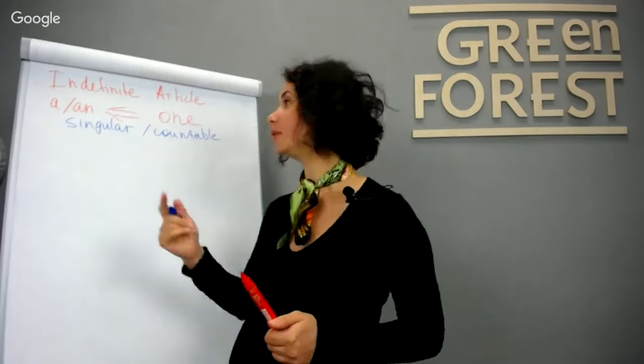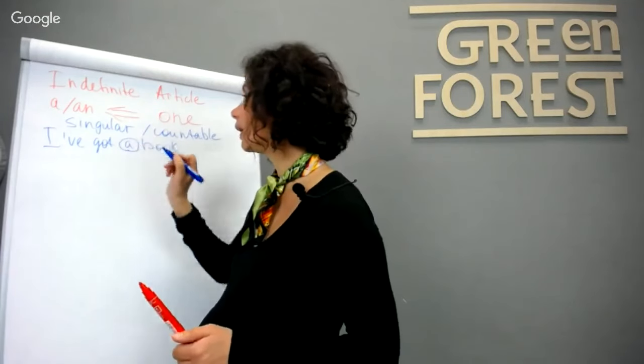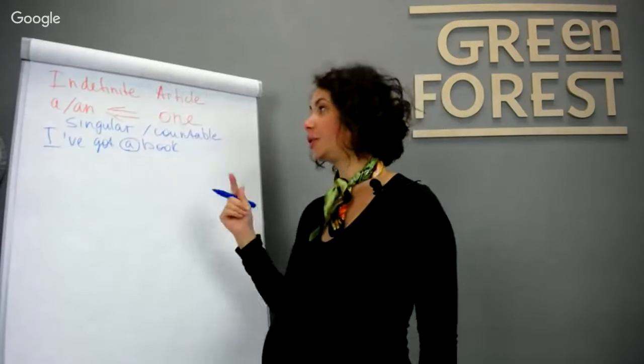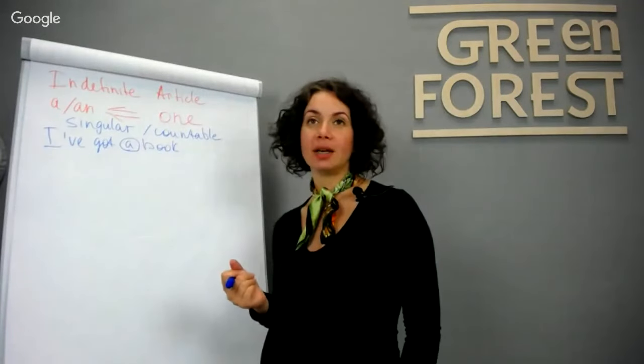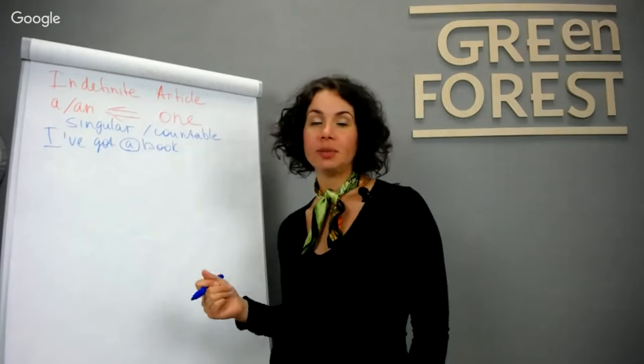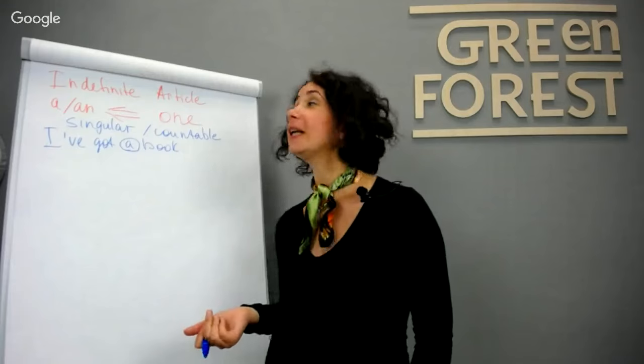I've got a book. It means I've got one book. But if I say I have books, you cannot use a because it means that I have more than one. And it sounds weird if you use the article a. It means like I have one and then books. I mean, this is weird.